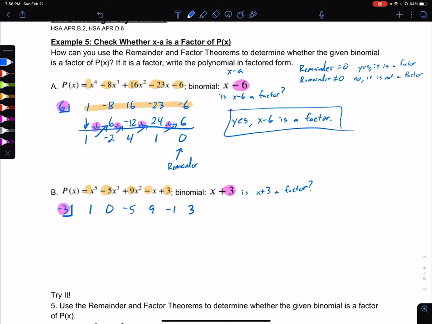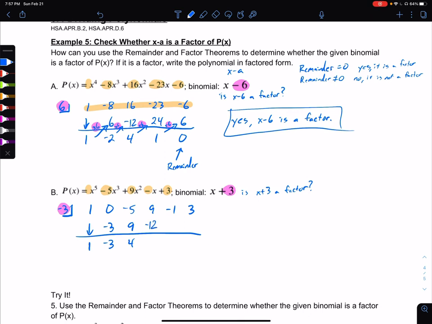So we're going to use synthetic division to determine that. Drop down the 1. And then 1 times negative 3, and we need to fill out our two rows. Add them up. It's a negative 2. Multiply, negative 3 and negative 3 would be positive 9. That would give us 4. 4 times negative 3 is negative 12.